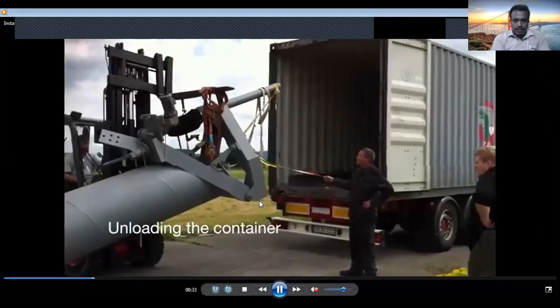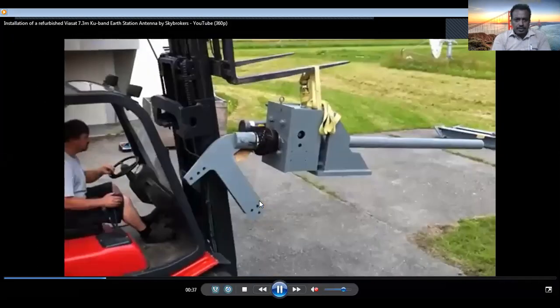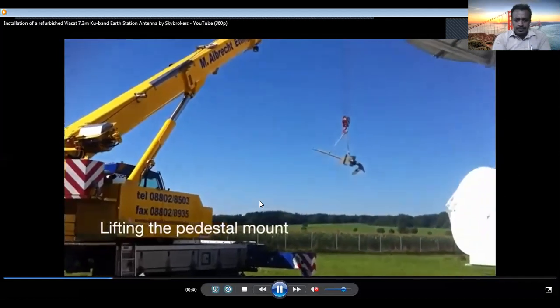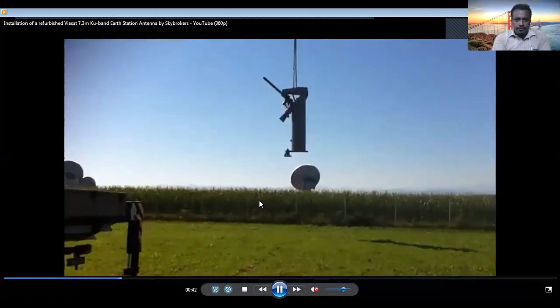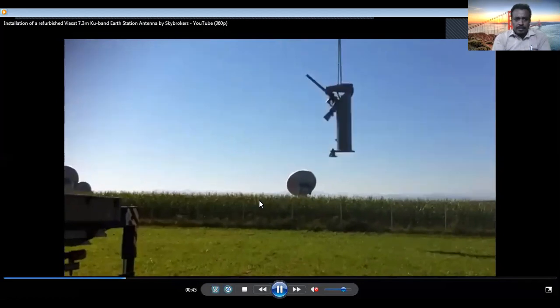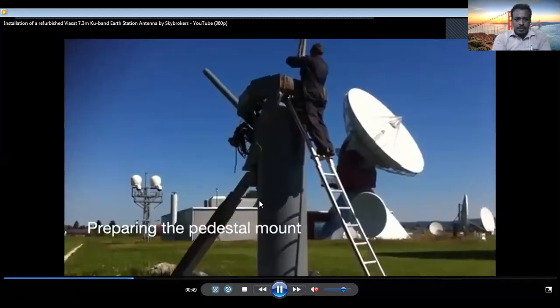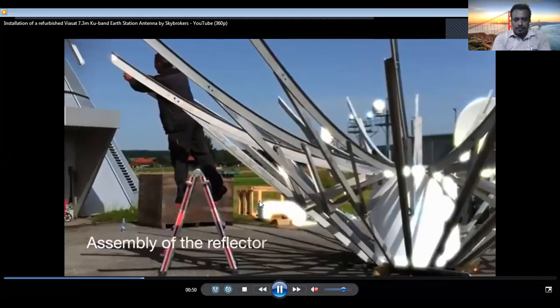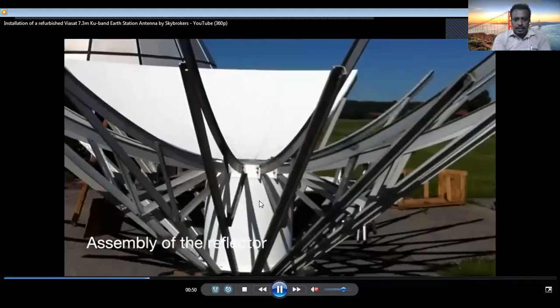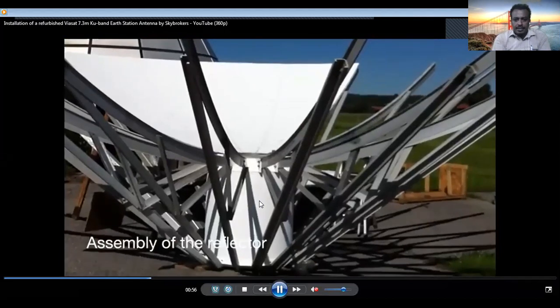In this video, I'm sharing a video with you. The installation of an earth station for Ku-band 7.3 meter VSAT. This is the reflector antenna they are installing.